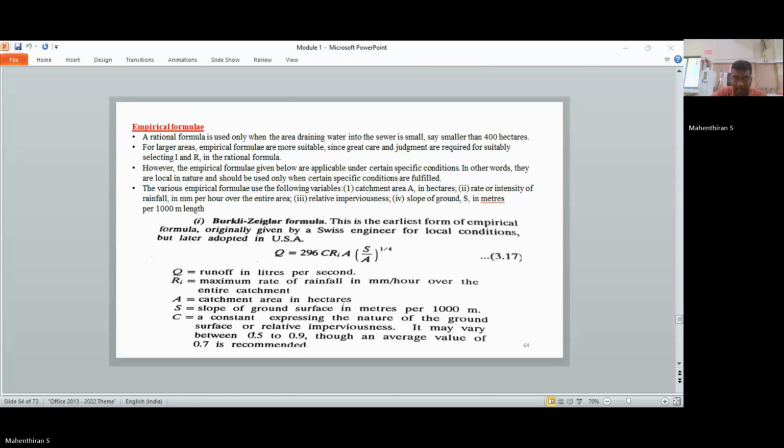The Berkeley-Ziegler formula has an interesting history. As I told, it was developed by the Swiss engineer named Berkeley Ziegler for catchments in Switzerland, a country which is known for its mountainous terrain, steep slopes, and specific alpine rainfall patterns.